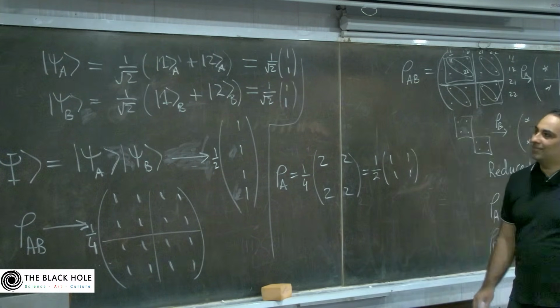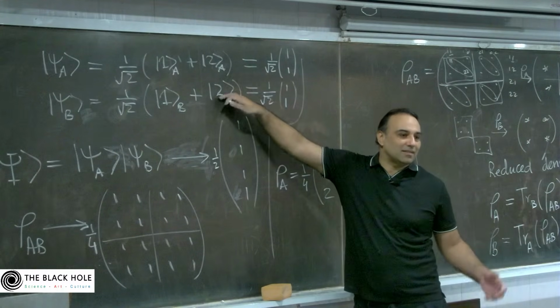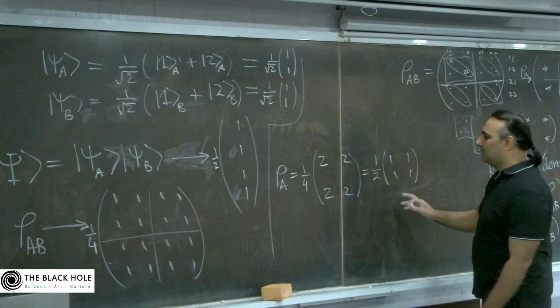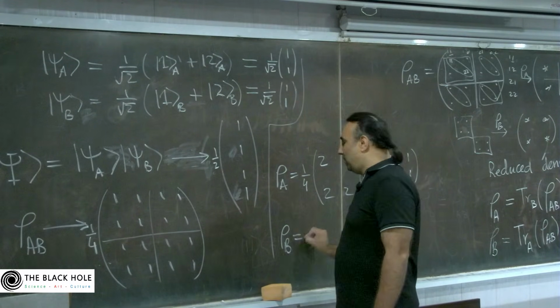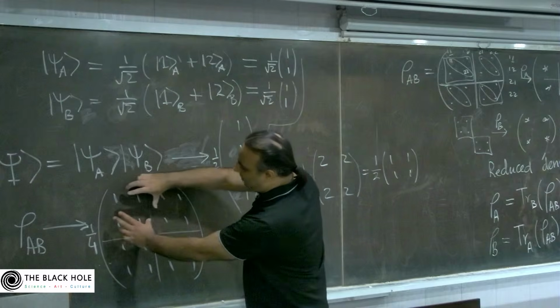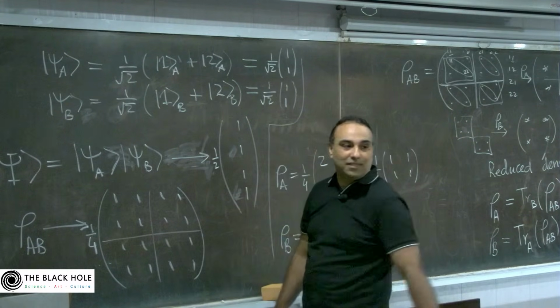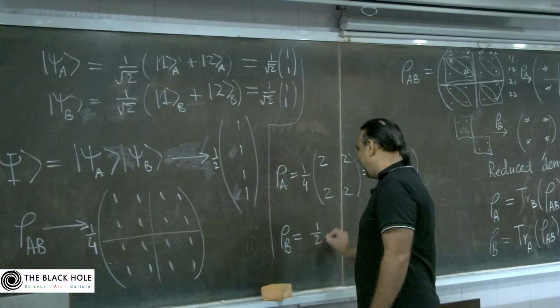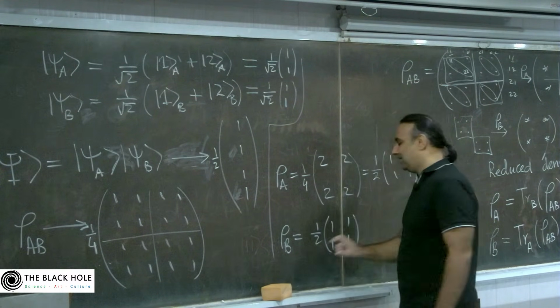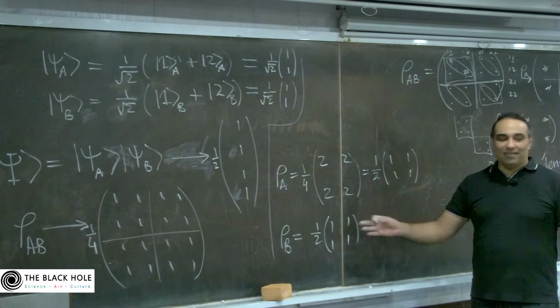And now, since they are exactly similar, rho B should be the same, but you can compute that. You take this block, sum it with this block, it will be 2. So it will also be 1, 1, 1, 1 with a half. So these are our reduced states.